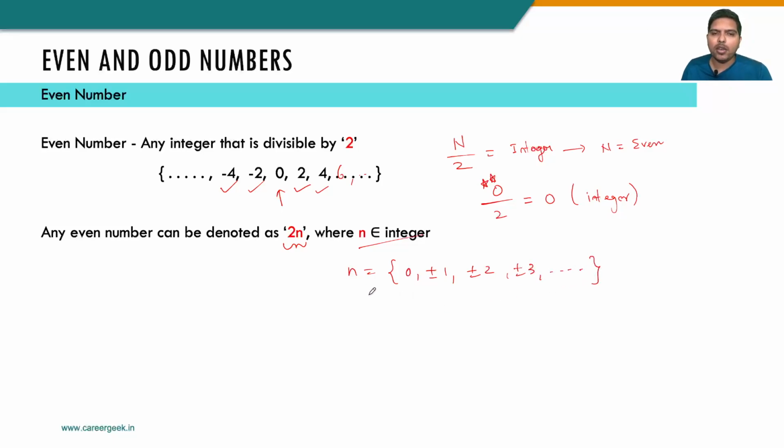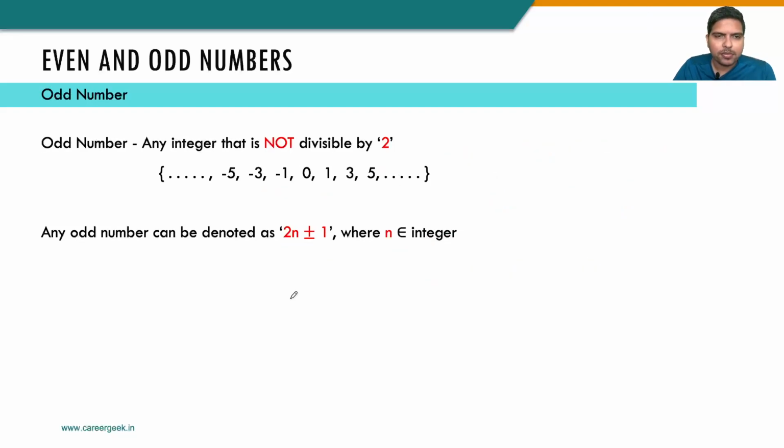Plug in any value of small n and multiply with 2, you get an even number for sure. This is important for higher level questions or for substitutions. In these types of questions, substituting even or odd as 2n and 2n plus or minus 1, as we can see here, it might come in handy.